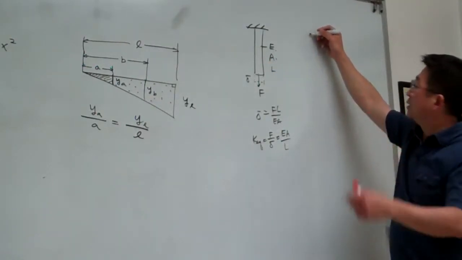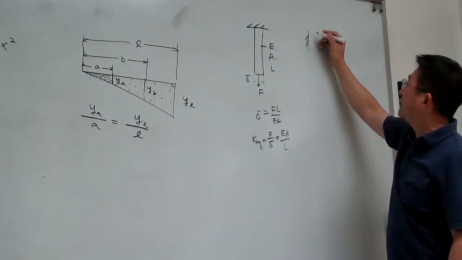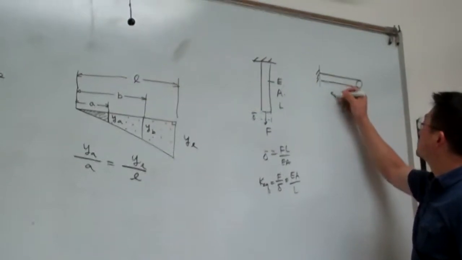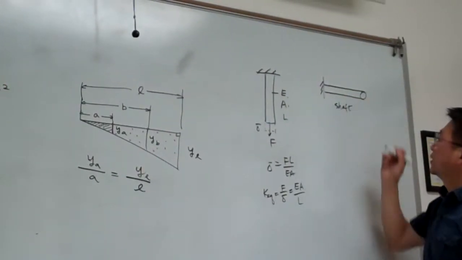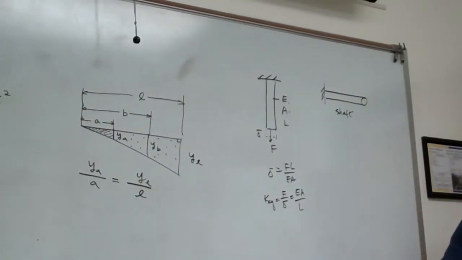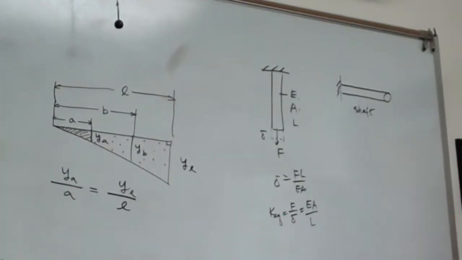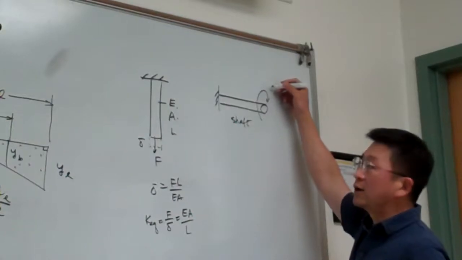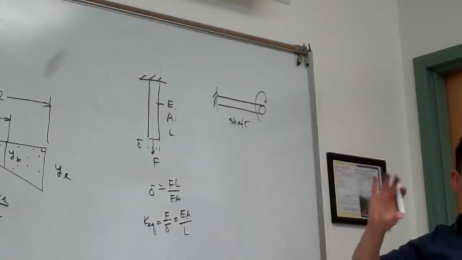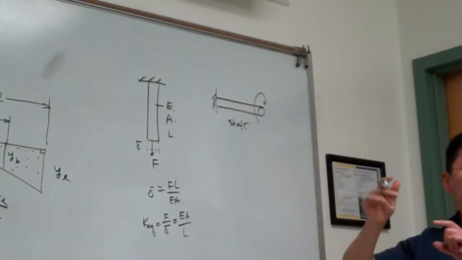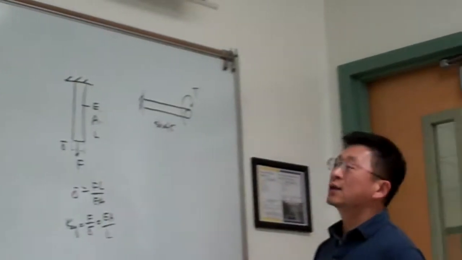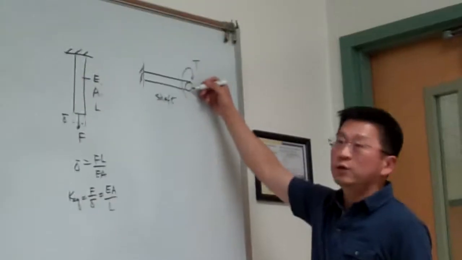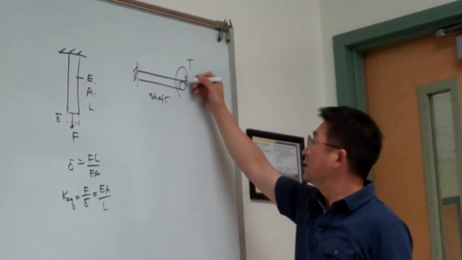And for a torsional shaft, like the transmission shaft of cars, we can approximate it. In this case, if we apply a loading, the loading is equivalent to torque, so let me use T. And for this case, we have an angle of twist.